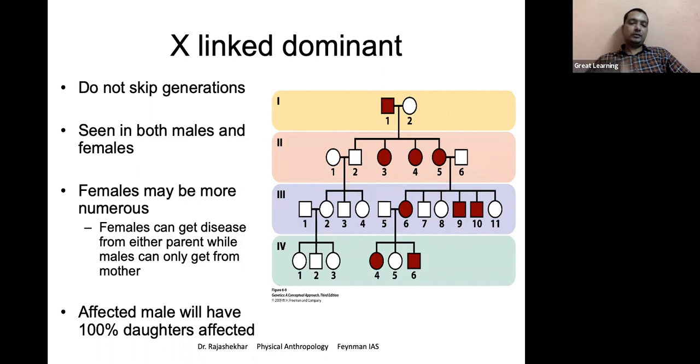Because females receive their X chromosome from either of the parents. Father can give that X chromosome, mother can give that X chromosome. So in this X-linked dominant case, you see more and more females being affected, unlike the previous case, X-linked recessive, where more males are affected. If more females are affected, X-linked dominant. More males are affected, X-linked recessive. This is a key thing that you have to remember.